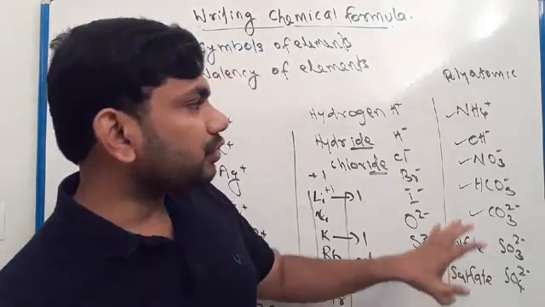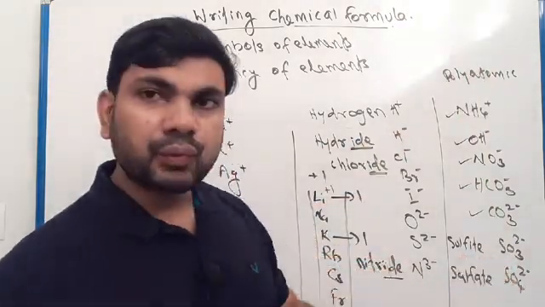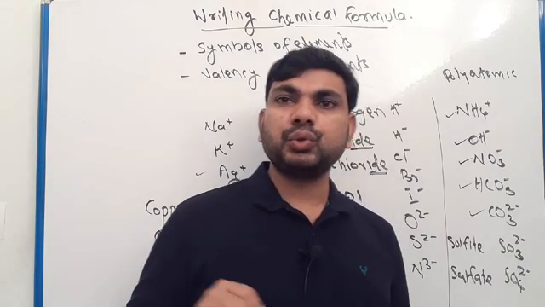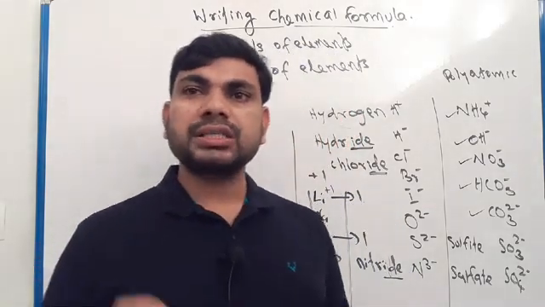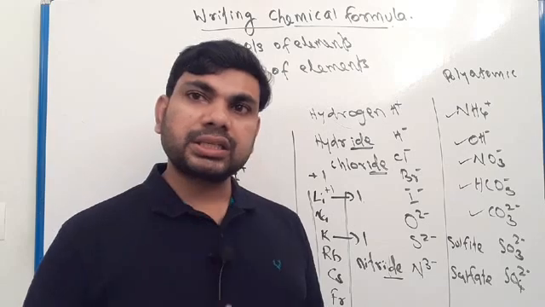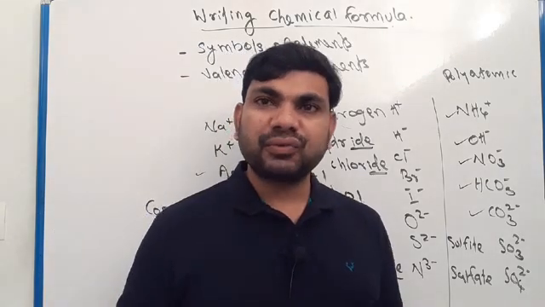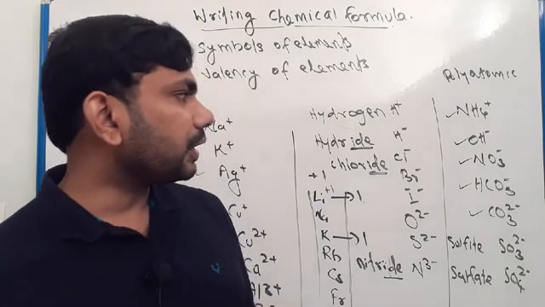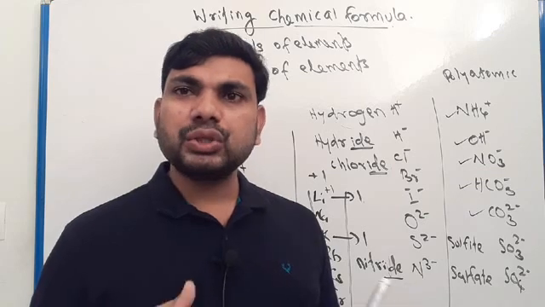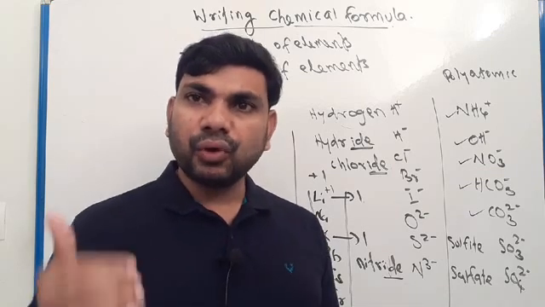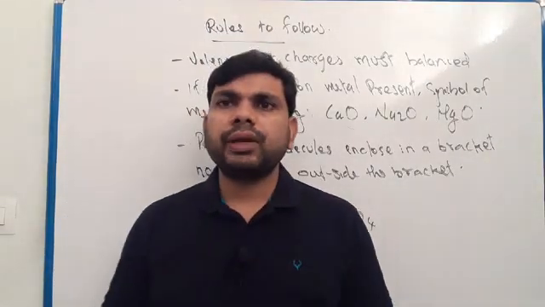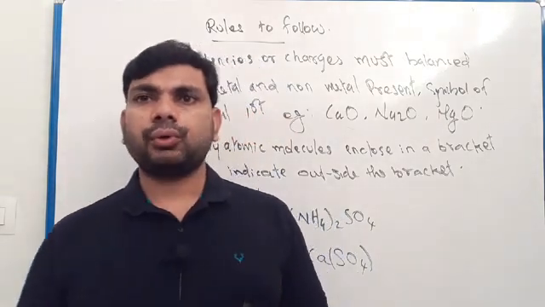Okay, you have to memorize this table with their charges: ammonium NH4 plus, carbonate CO3 2 minus, hydrogen carbonate HCO3 minus, hydroxide OH minus, sulfite SO3 2 minus, sulfate SO4 2 minus, nitrate NO3 minus. Same as before, you have to memorize their name, formula and charge. Clear?